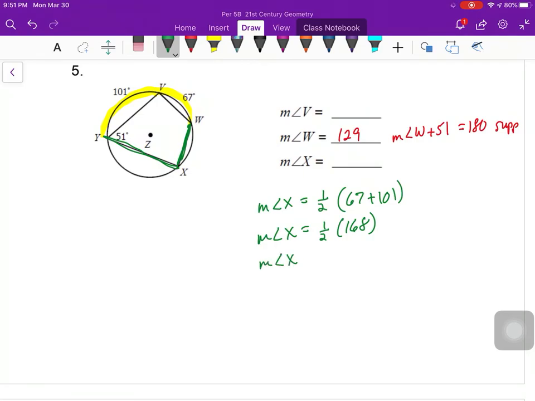So the measure of angle X equals 1/2 of 168. The measure of angle X equals 84. And for the measure of angle V, the measure of angle V plus 84 has to equal 180. They're supplementary.